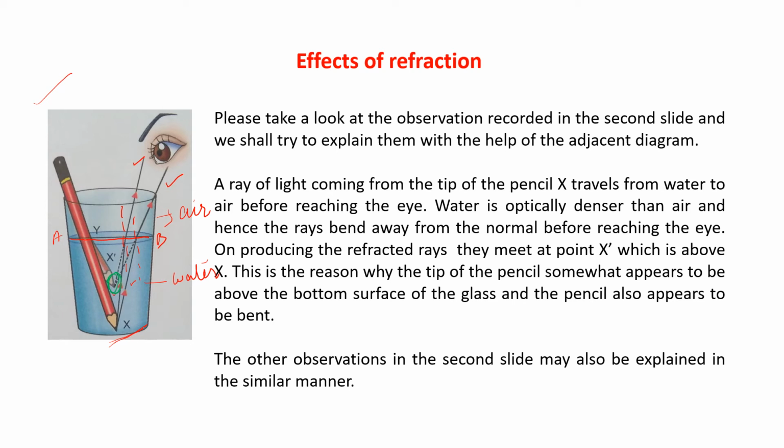Now X dash is above X, which is the image. The pencil somewhat appears to be above the bottom surface of the glass, and the pencil appears to be bent.